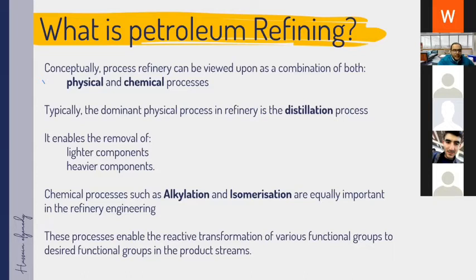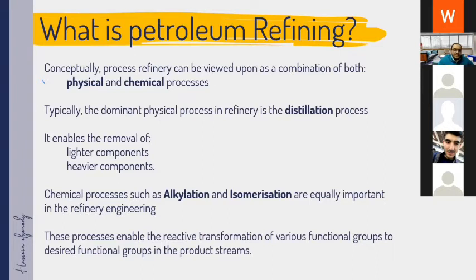And chemical processes such as alkylation and isomerization are also very important in the refinery, because their value comes when you increase the yield of fuels such as gasoline or kerosene, or when you increase the octane number of the fuel. As we mentioned, aromatics are very valuable when it comes to blending and increasing the octane number.